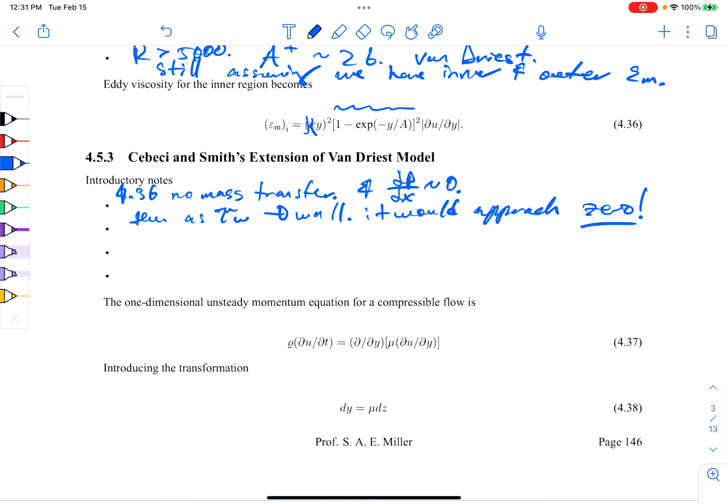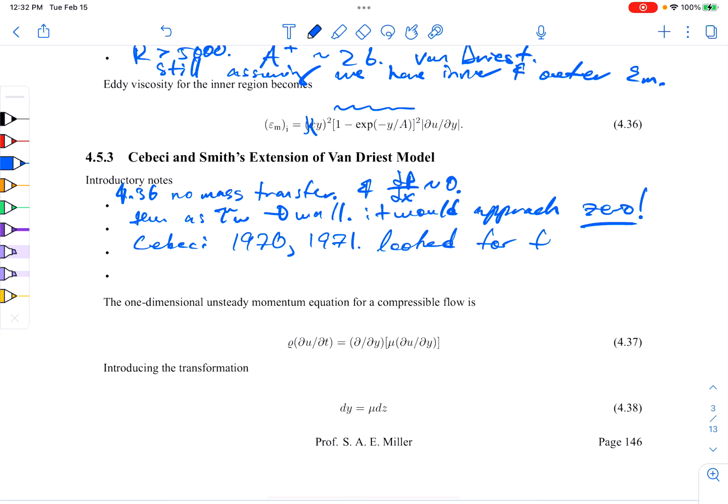So this is where Cebeci originally came in, in 1970, 1971, if you can trace his papers. And he looked for flows with, of course, partial P, partial X, not equal to 0, and mass transfer through the wall. And you might say, well, why do I care about that?